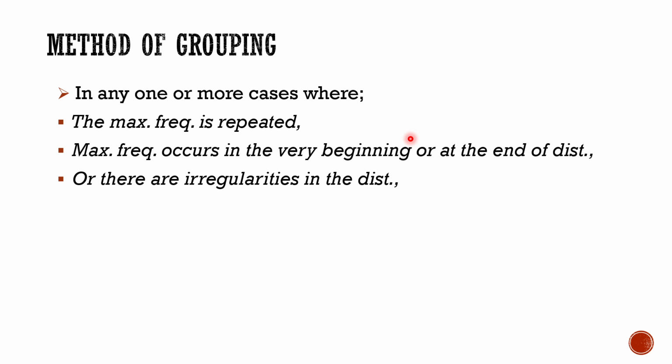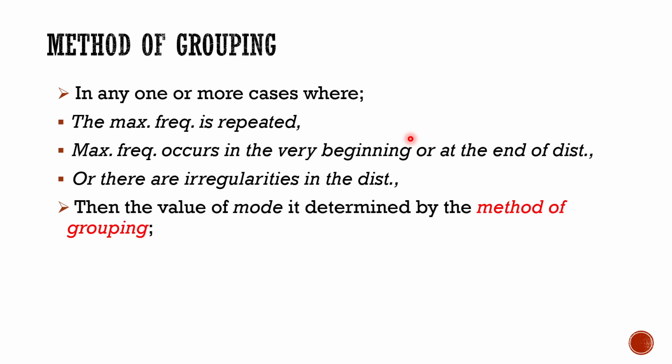The gist is that if your frequency distribution is not regular, then the value of mode is determined by the method of grouping. Simply identifying the maximum frequency and the corresponding x value will not give you the mode. So you would use the method of grouping if one or the other of these three cases occurs in your frequency distribution.